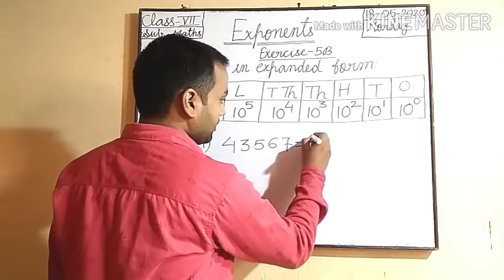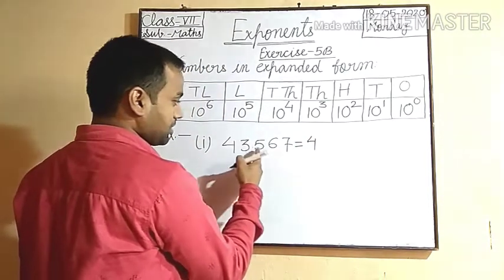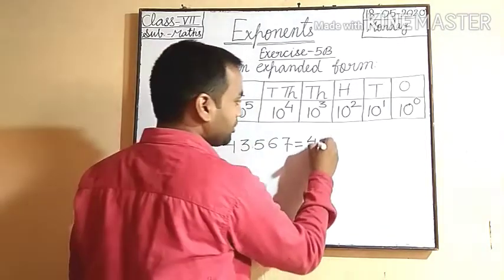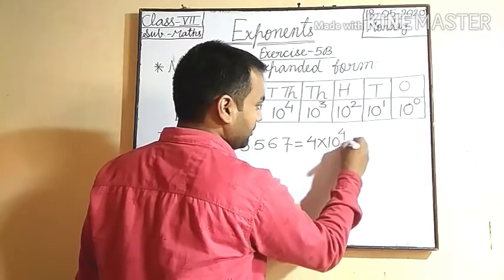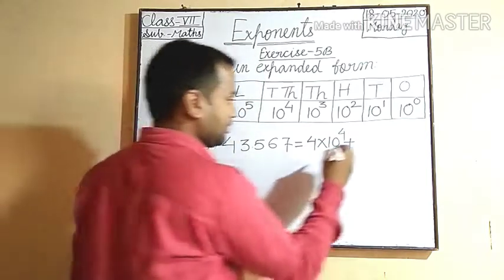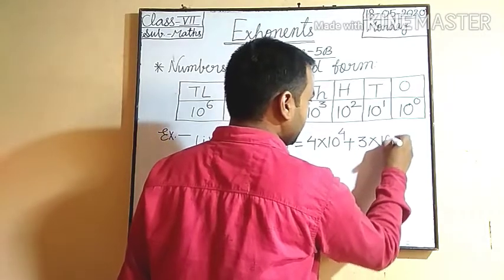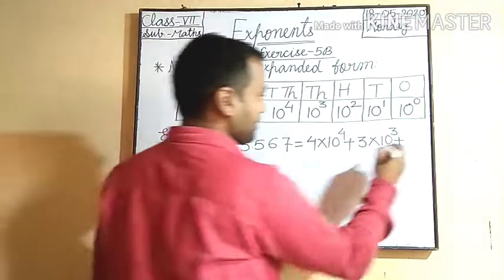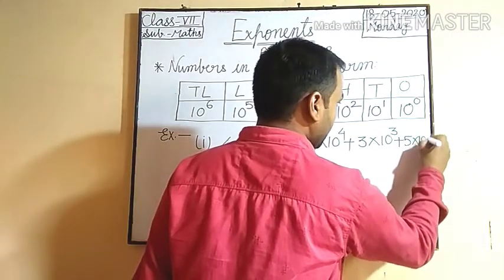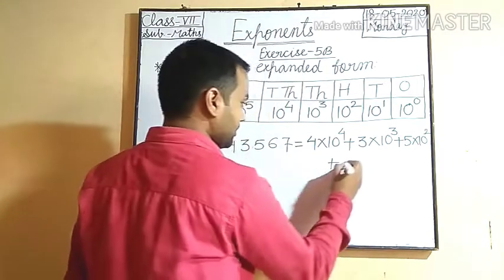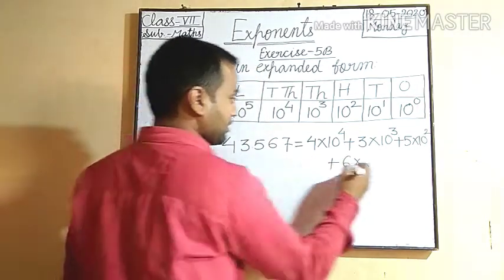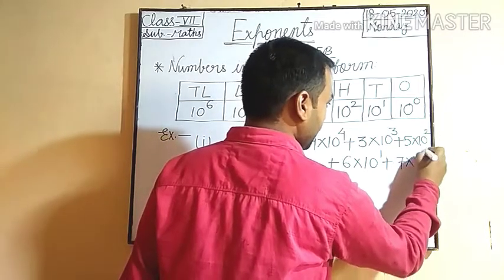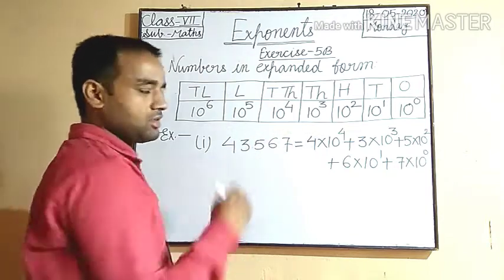To write this, here 4 is in the 10,000 place, so 4 into 10 power of 4, plus 3 in the thousands place, 3 into 10 power of 3, plus 5 in the hundreds place, 5 into 10 power of 2, plus 6 in the tens place, 6 into 10 power 1, plus 7 in the ones place, 7 into 10 power of 0. This is expanded form.